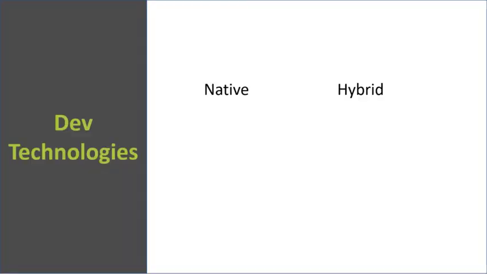Now, looking at the technologies used to develop these Android applications, these technologies can be classified into two categories, that is the native and the hybrid. The native technologies create what we call native applications, that is applications which can only run on a specific system. And hybrid technologies create hybrid apps.